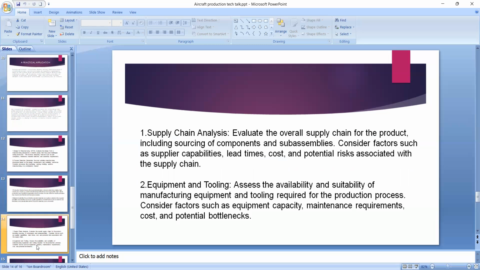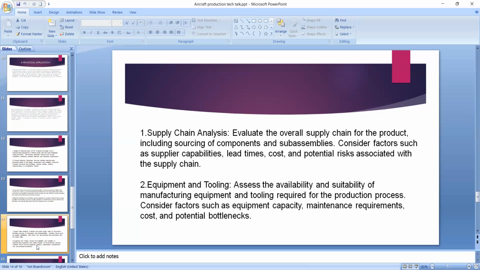Supply chain analysis: evaluate the overall supply chain for the product, including sourcing of components and sub-assemblies. Consider factors such as supplier capabilities, lead times, cost, and potential risks associated with the supply chain.